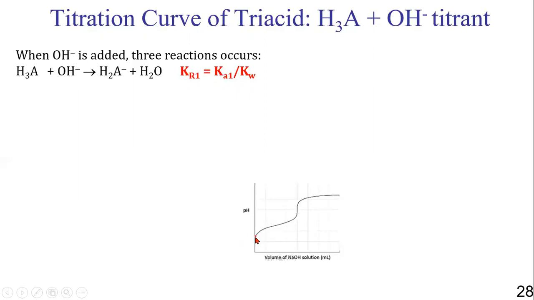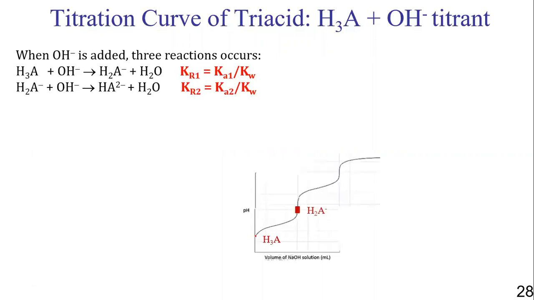So here we would start off with H3A, and at the first equivalence, we would produce H2A minus. All of the H3A would be converted. And then after this, that's the difference, I still have H2A minus, which can react further with OH minus.